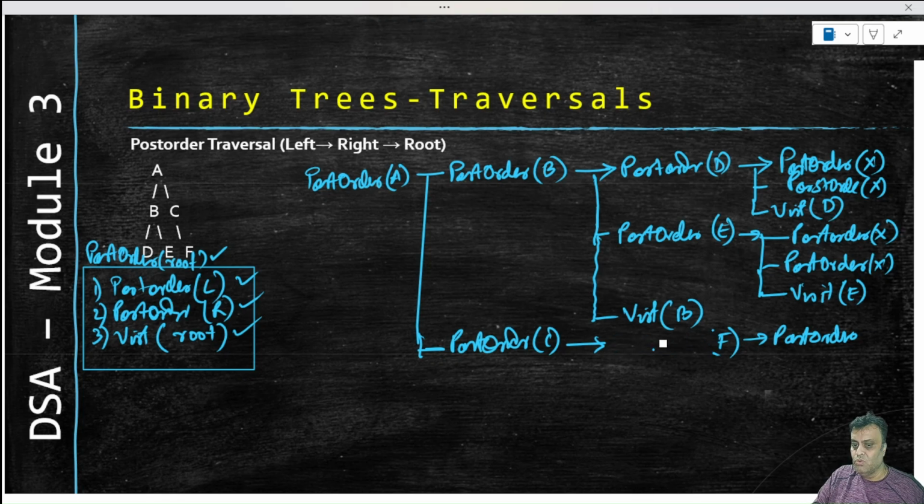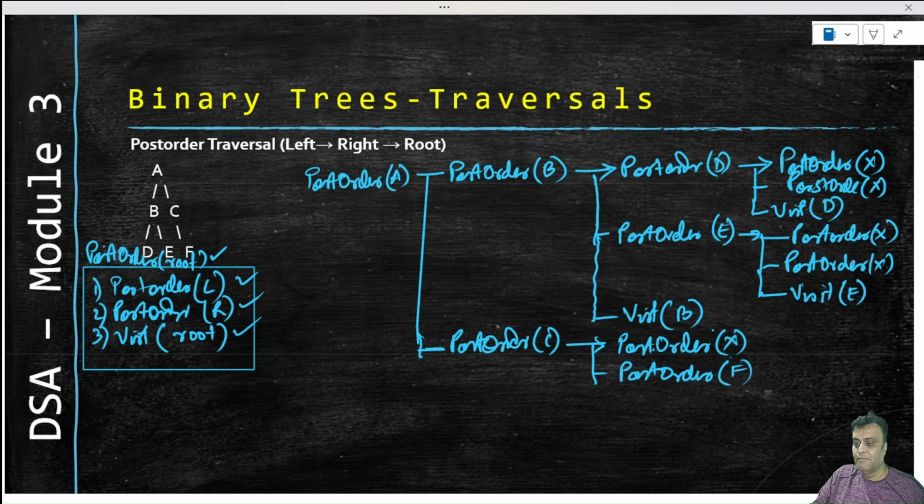So when we do the post order of C, we should take the left. So post order of C's left is nothing, right? And then we take the post order of C's right.